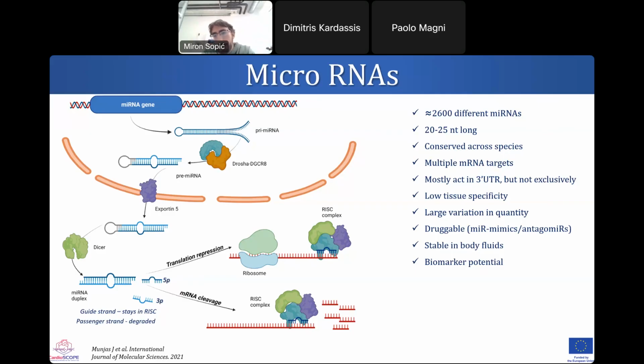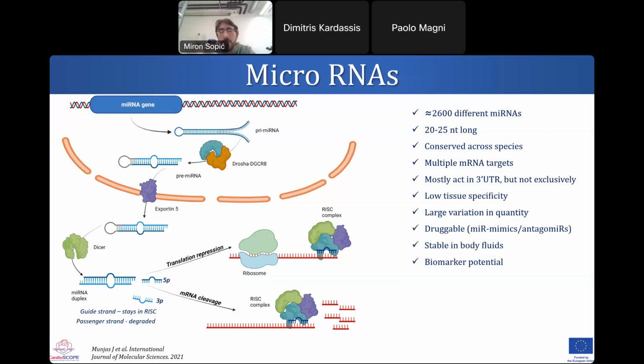When it comes to the tissue distribution of microRNAs, again, there is low tissue specificity, which means that they are mostly present in different tissues. Of course, there are some microRNAs that are more present in one type of tissue. For example, in the context of cardiovascular disease, what you might find interesting is microRNAs that are called myomiRs, which are super enriched in cardiac tissue and, generally speaking, muscle tissues.